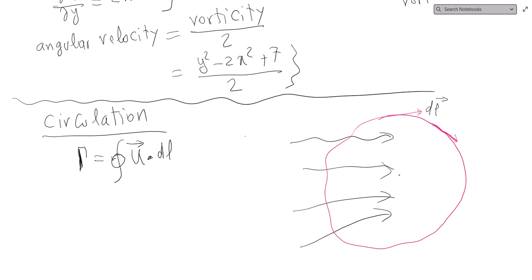And therefore if we get omega in this field, then this will be non-zero, and if it is zero within that closed loop, we don't have circulation.